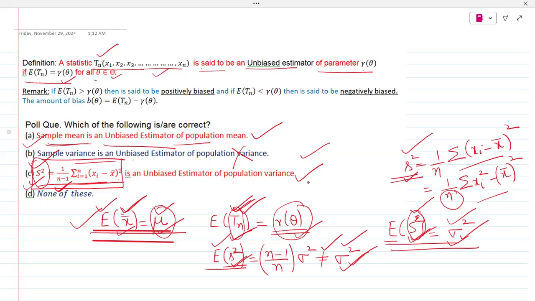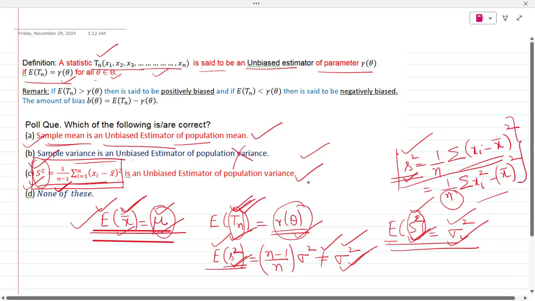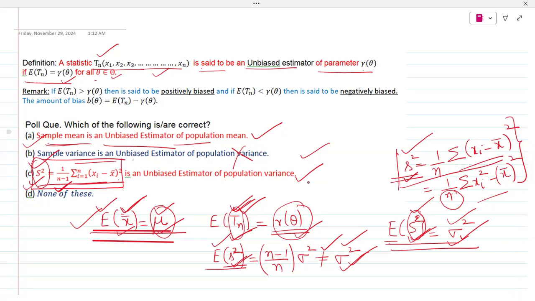I repeat, for us, we will be taking this expression as sample variance, but as per my knowledge, the foreign authors define this expression as sample variance. For them, there is no concept of a small case S square or capital case S square.